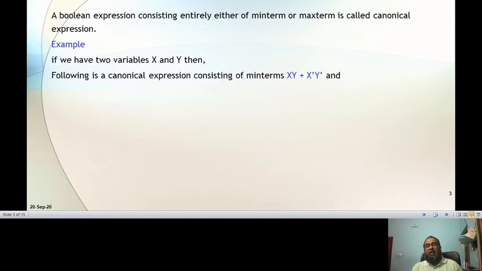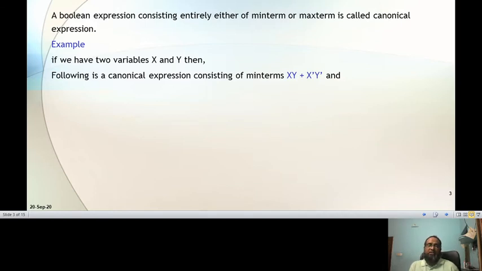Suppose I write x plus x bar y bar. We cannot say this is a canonical expression because the first term x is a single variable term. Any number of terms is fine, but all the terms should consist of all the variables available in the expression, then we can say it is canonical.